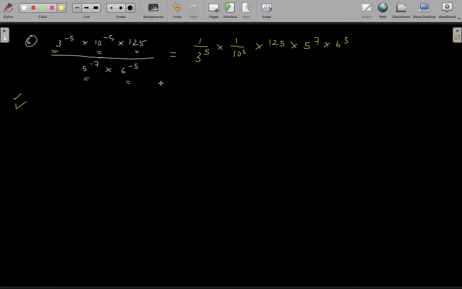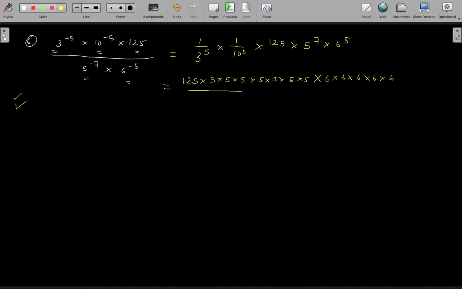Now how are we going to solve this? We write 125 times 5 power 7, writing 5 seven times, and 6 power 5, writing 6 five times.